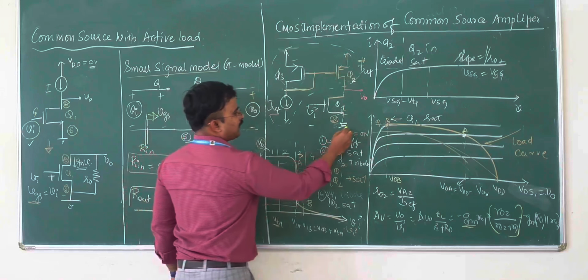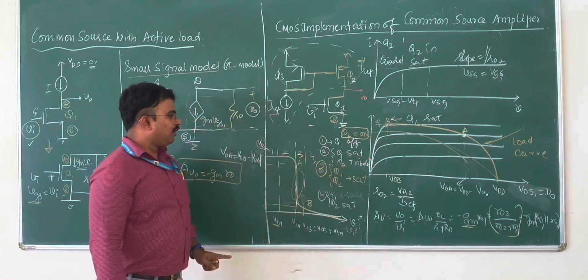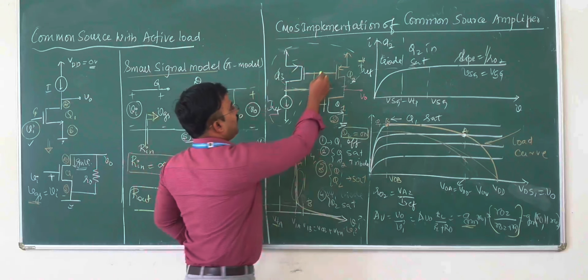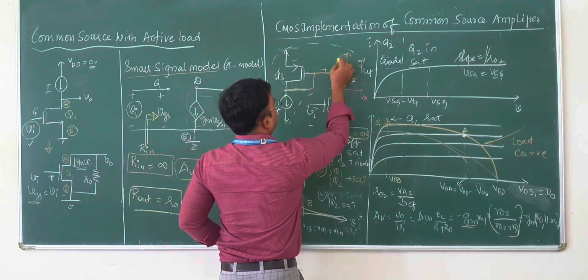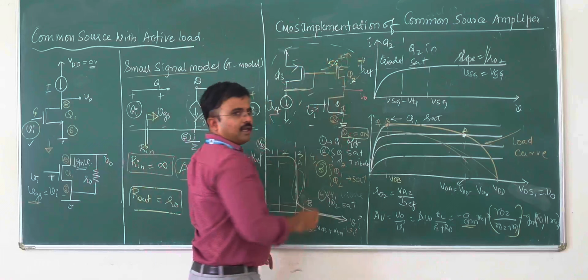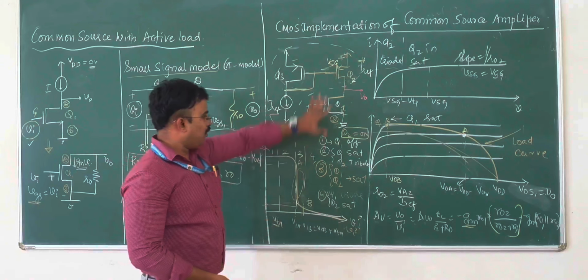But the Q2 transistor will be turned on, because when you calculate the VSG of this, it will be negative, and a PMOS transistor will be turned on for negative voltages.